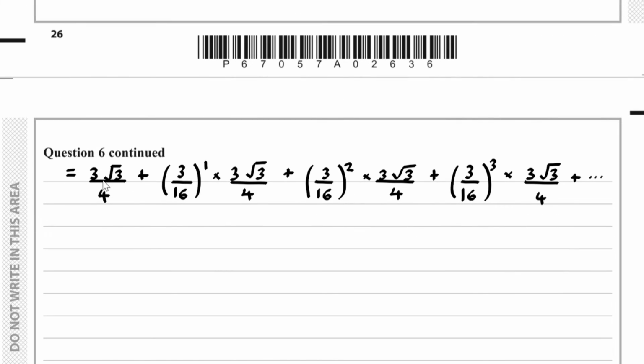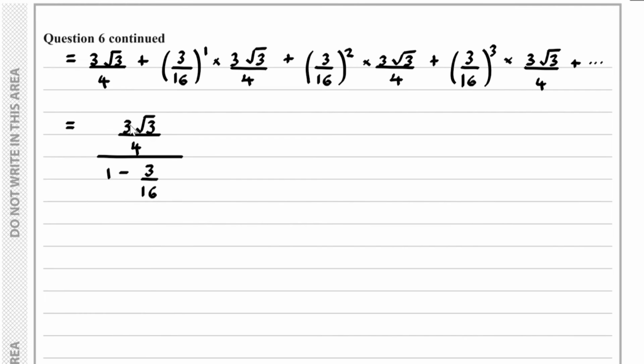And what you'll find here is we've got a geometric series. Our first term is 3√3/4, and then we're going to divide this by 1 minus the common ratio, so this is a sum to infinity, and the common ratio is 3/16.